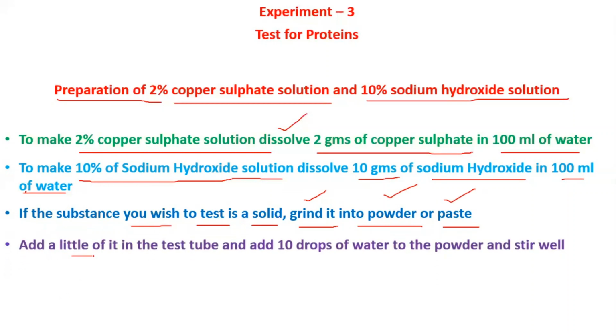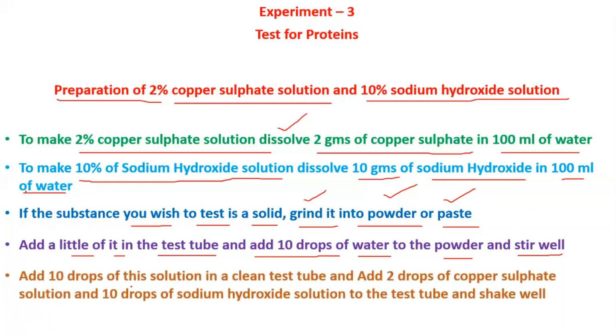Add a little of it in a test tube, add 10 drops of water to the powder, and stir well. So after preparing the solid substance into powder or paste, add it to the test tube, add 10 drops of water, and mix it very well.